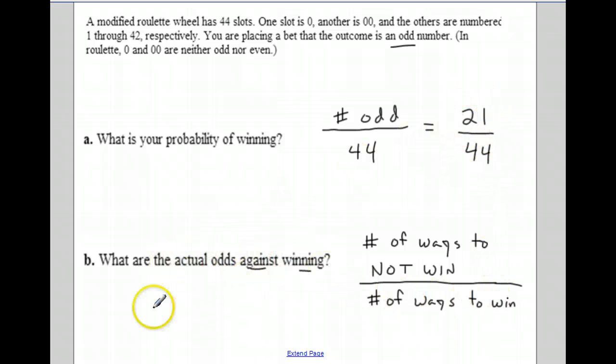That's the numerator. So that's the denominator of this odds against. Right, odds against has that number on the bottom. And the number of ways to not win. To not win this are the other 23 ways. Alright, so 23 to 21. Okay, that's the actual odds against winning this game.